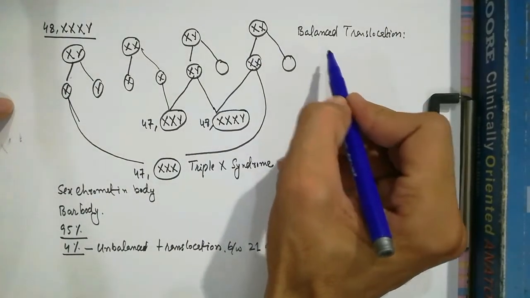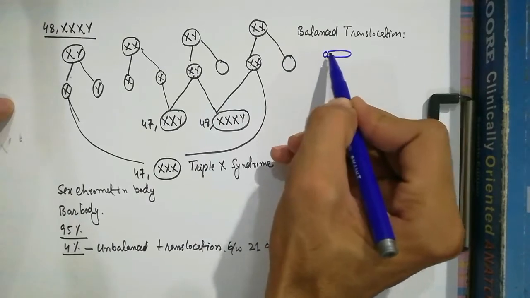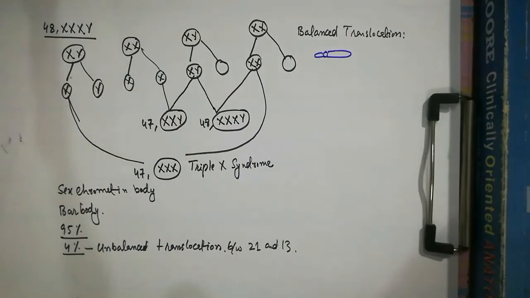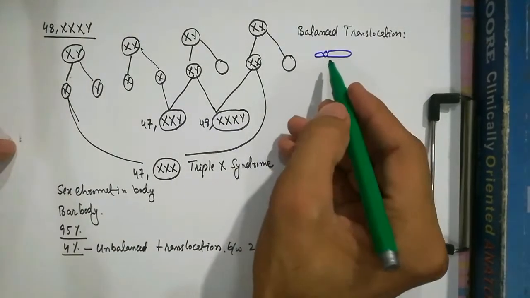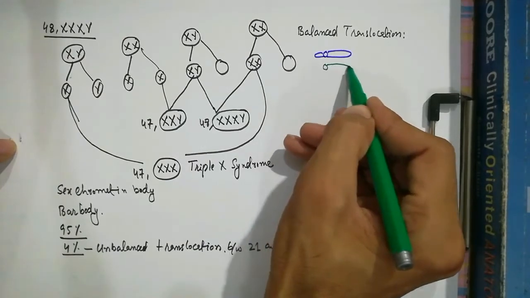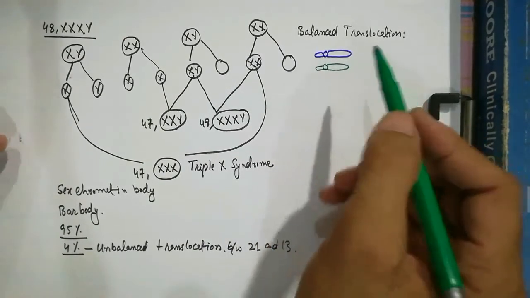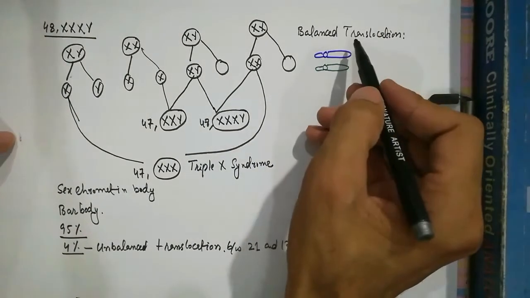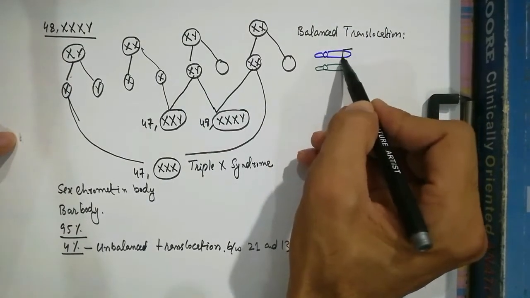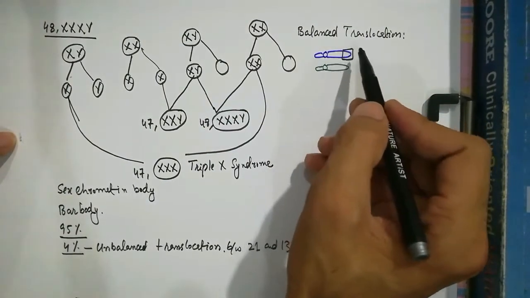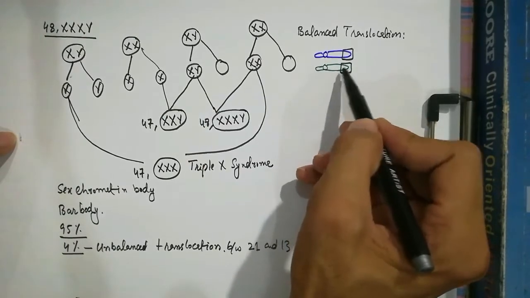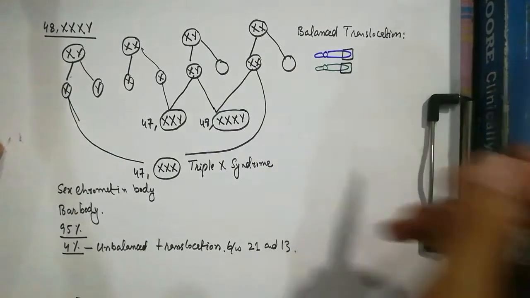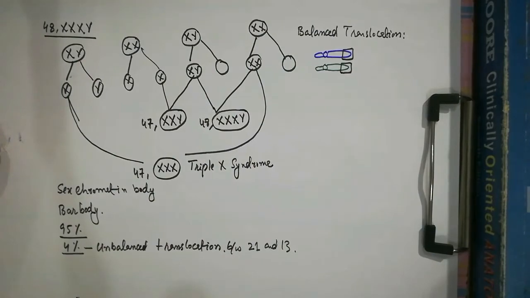Suppose this is a chromosome and this is another chromosome, and pieces of these two chromosomes break. This piece of this chromosome and this part of this chromosome break, and they are exchanged and reunited with no loss of genetic material.